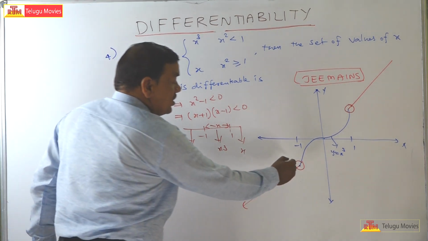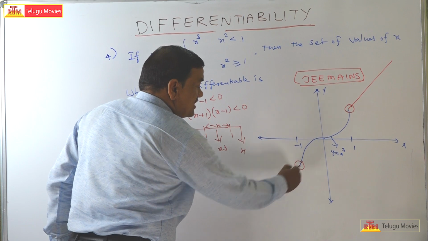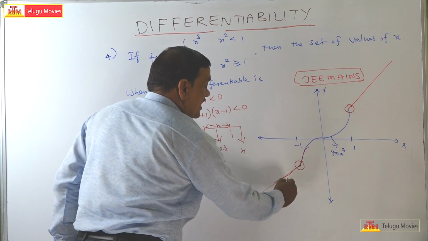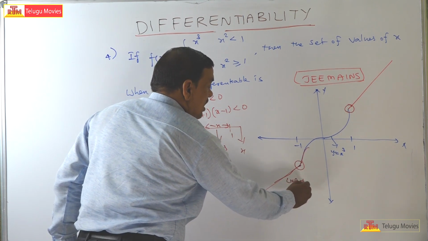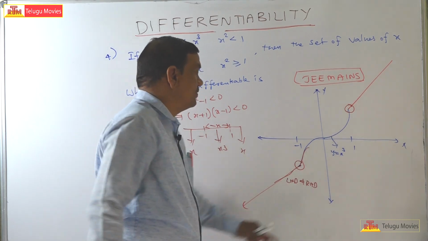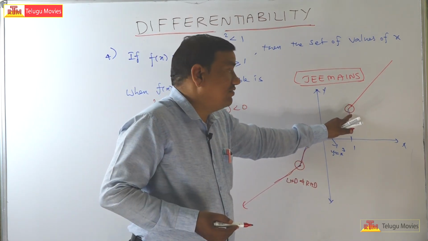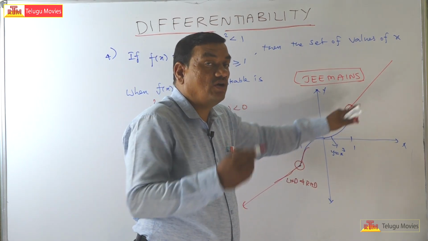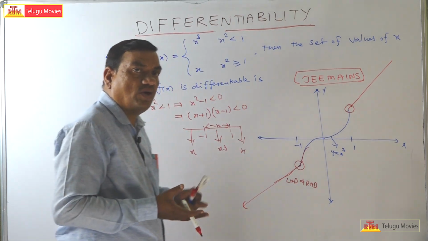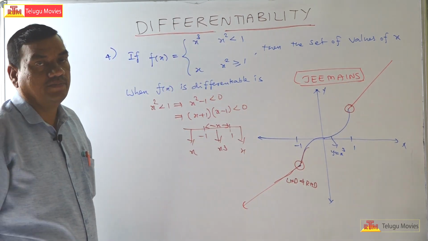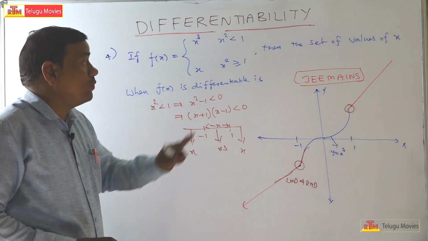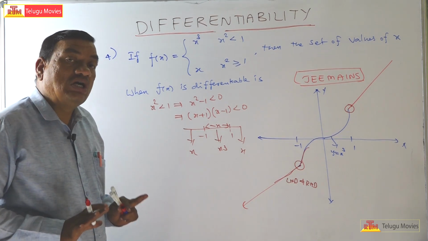Why? Because the left hand derivative is not equal to the right hand derivative at both points, because there is a sharp edge there. Therefore at those 2 points the function is not differentiable.